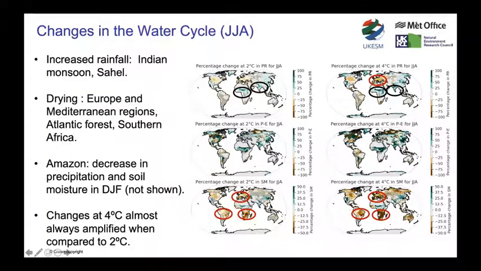We also see drying in Europe and the Mediterranean regions, with decreased soil moisture in what's called the Atlantic Forest, and then in parts of South Africa. These have implications, as we know.